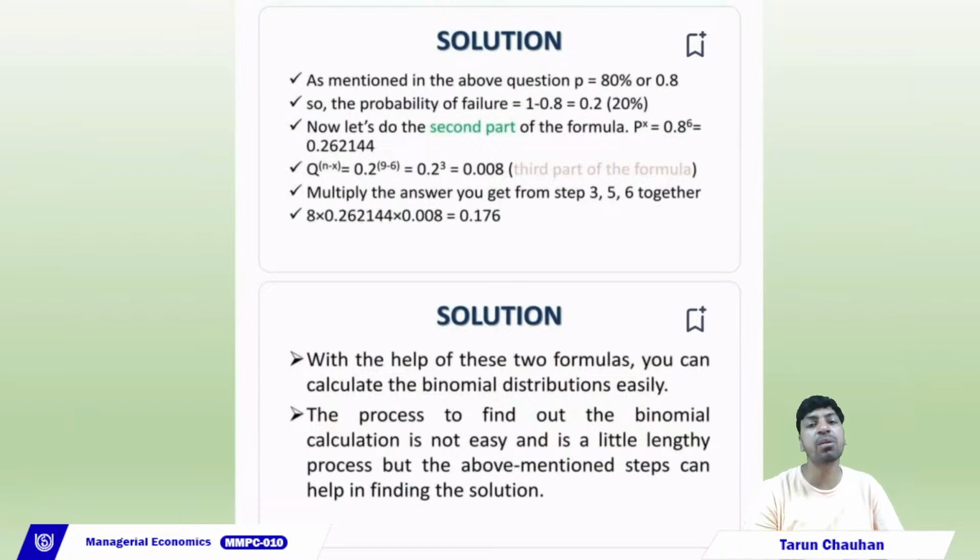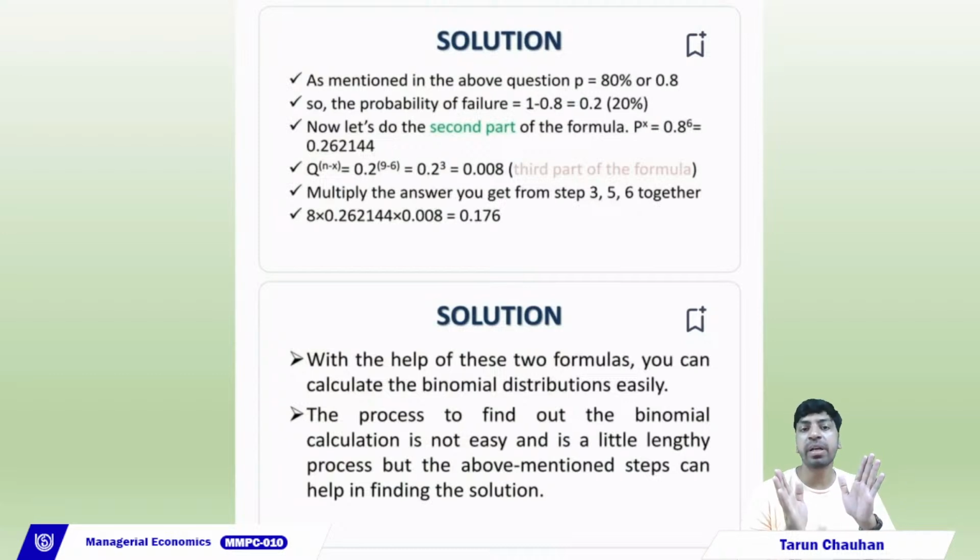So you will easily calculate it. Once you get all the values, just multiply them, and that is 0.176. As it is less than 0.50, it is automatically positively skewed. So this is how to use the binomial distribution formula. You need to find out n, p, q and x.